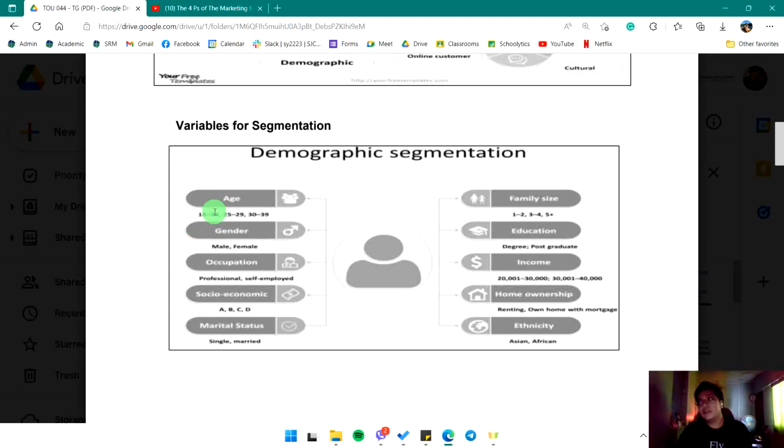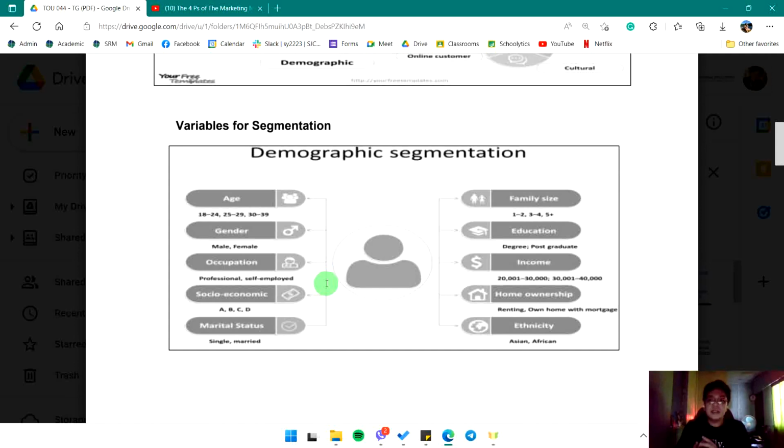And then another siguro 4 out of 10 people are at the age of 25 to 29. And then sabihin natin na the remaining number of people dun sa 10 are aged 30 to 39. And again, let's say for example, out of 10 people, 5 are male and 5 are female, 5 are professional and 5 are self-employed, etc. This is how we do demographic segmentation.